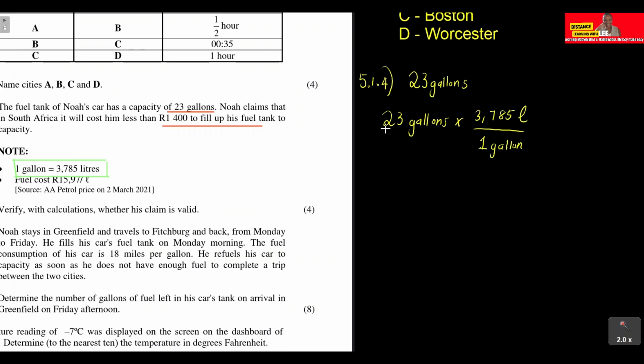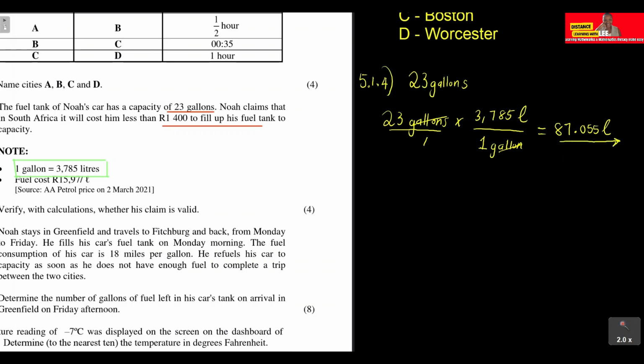The gallons will cancel. Therefore, 23 gallons in liters is equal to 87.055 liters.